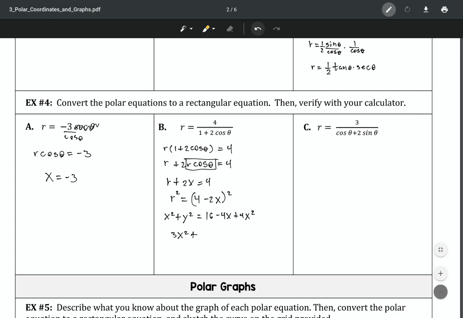That should be minus y squared. Did I miss a 16 somewhere here?